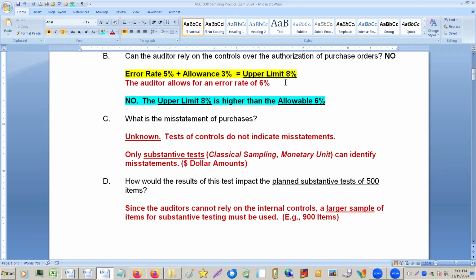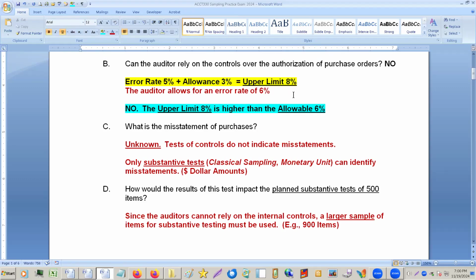Another thing is if the test of controls were really good, let's say it's down to 2% or 3% or something like that, and they allow for 6%, it's possible they could even reduce these. So if the controls are really good, you can reduce the substantive testing. If the controls are as planned, you just keep the substantive testing the same as you did when you made your plan. If the test of controls shows that you cannot rely on the controls.